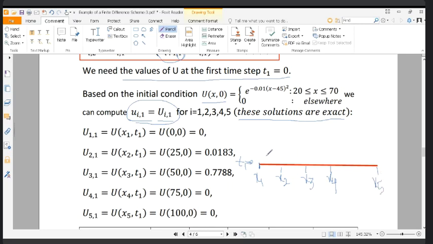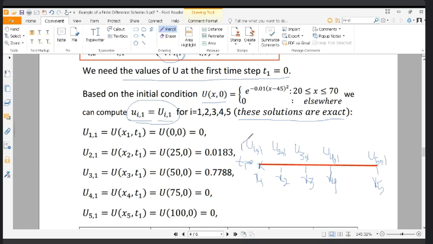At the first point, we compute u(1, 1); at the next point, u(2, 1); then u(3, 1), u(4, 1), and finally u(5, 1). For all of them, the index of t is 1 because t1 is constant in this row. We know these values of u based on the initial condition.